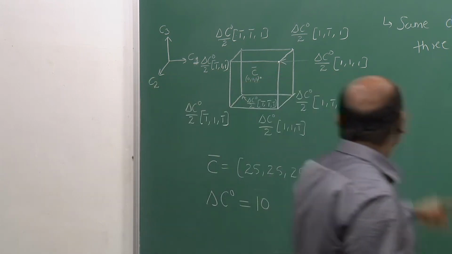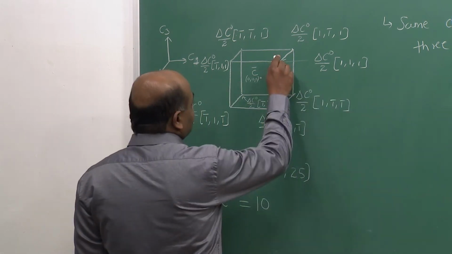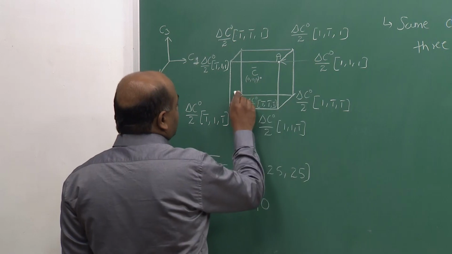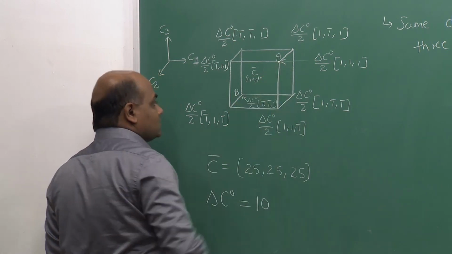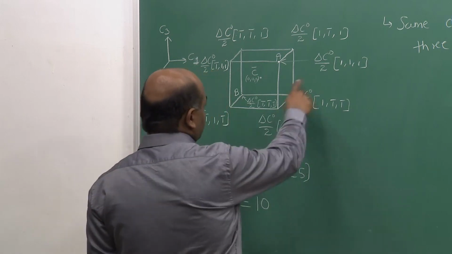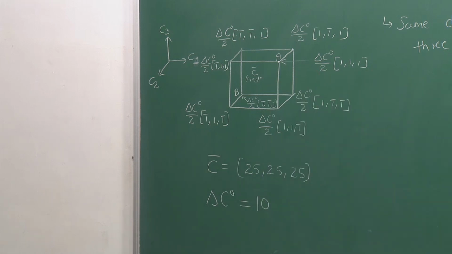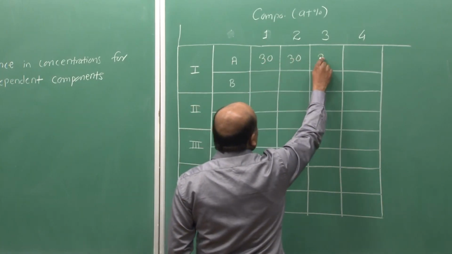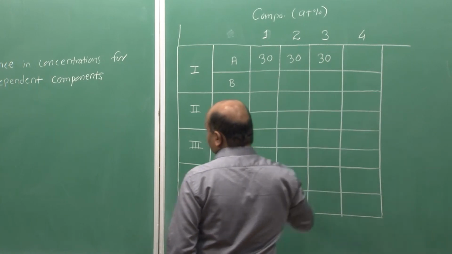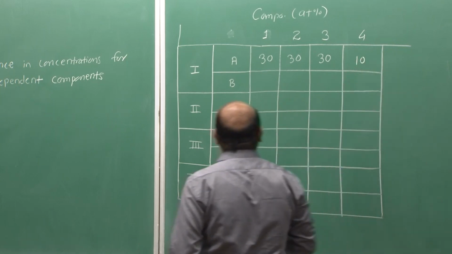So, if I form the first couple as A B here, this is my body diagonal, the composition of A is 25 plus 5 plus 5 plus 5. So, 30 30 30. So, obviously, component 4 is 10.